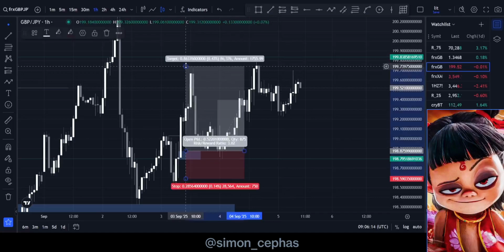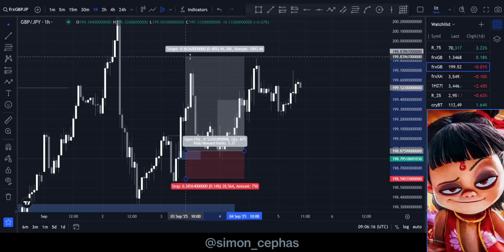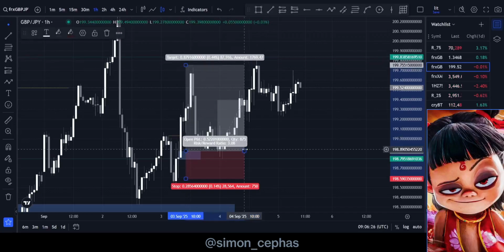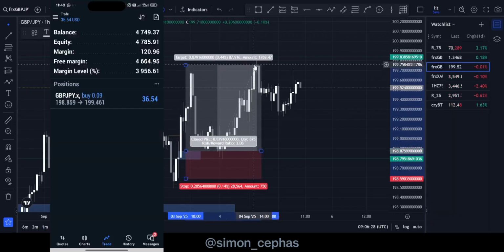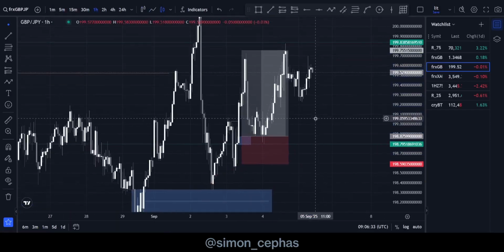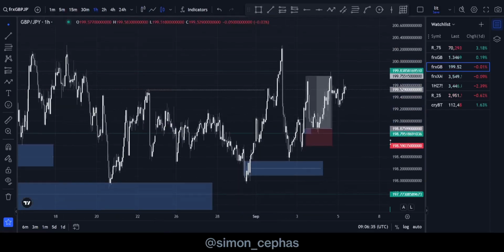This is where my initial take profit was, 1 to 3.3, but I later took profit here, like this level here. So 1 to 3. Yeah, perfect. So this is the thought behind this trade, and it's the same process.